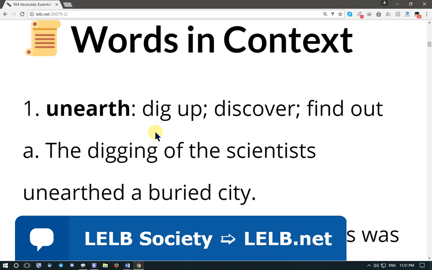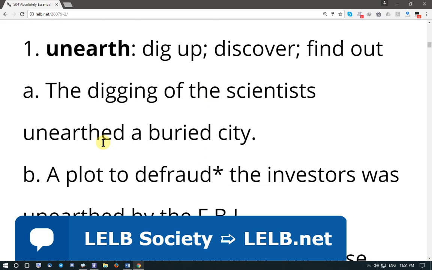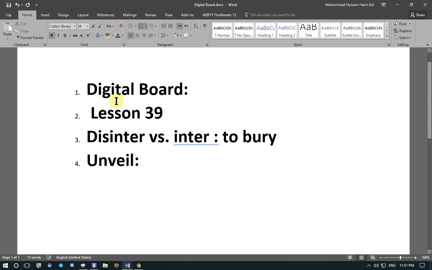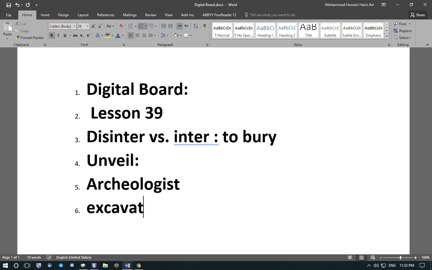Okay. The digging of the scientists unearthed a buried city. Let's say their discoveries, their breakthrough of the scientists, perhaps archaeologists. An archaeologist is a scientist who is concerned with just excavation.